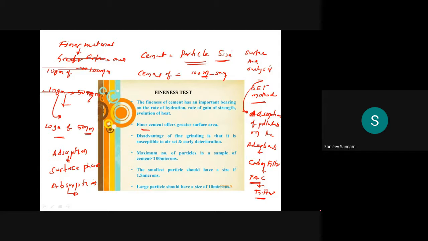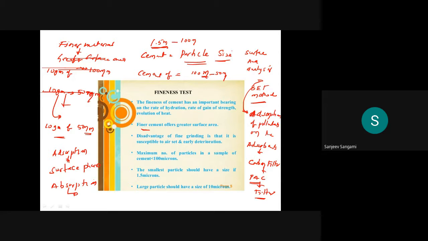The smallest particle should have a size of 1.5 microns. So the variation is from 1.5 microns to 100 microns. Sometimes the surface area as well as the fineness is going to play an important role in deciding the strength of the concrete.